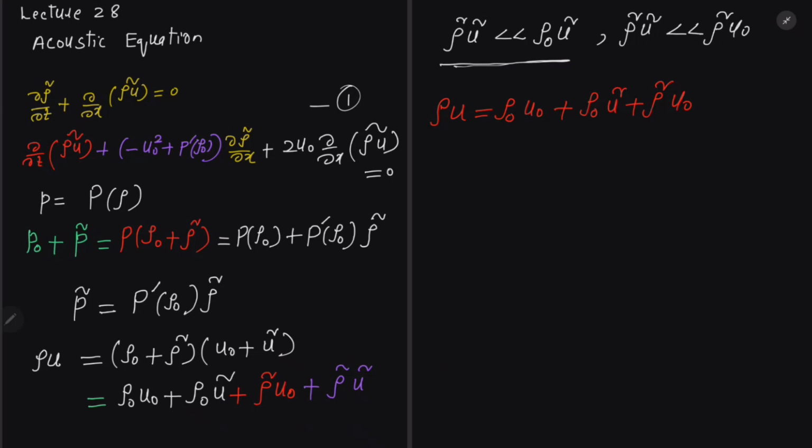Okay, and then you put all these values. This is tilde, remember that this is tilde, and we put all these values into equation 1 and the second equation, call it equation number 2.